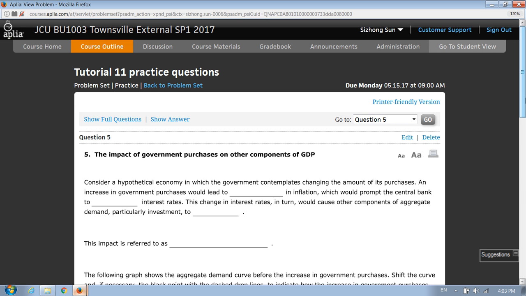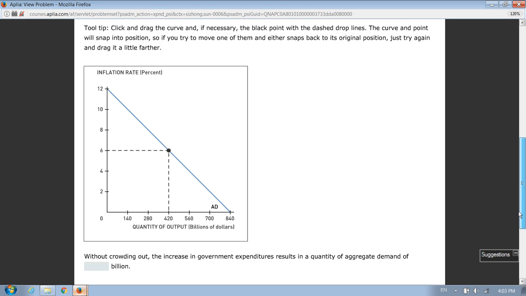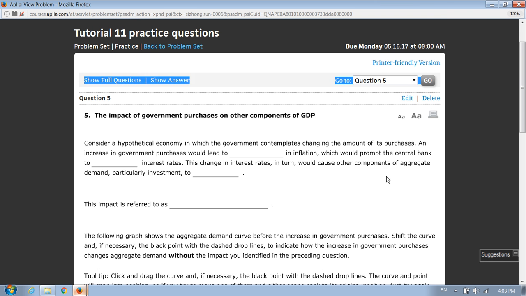The impact of government purchases on other components of GDP. Consider a hypothetical economy in which the government contemplates changing the amount of its purchases. An increase in government purchases would lead to an increase in inflation.